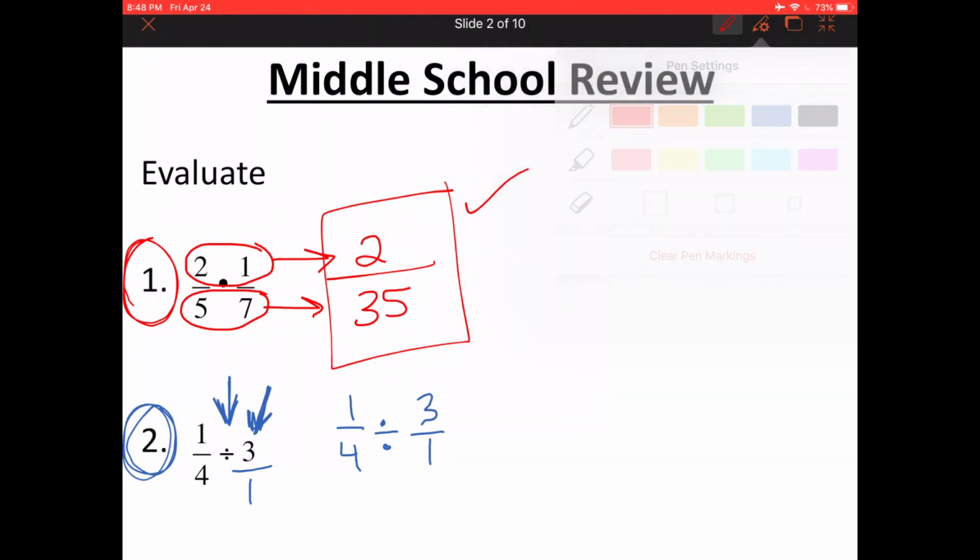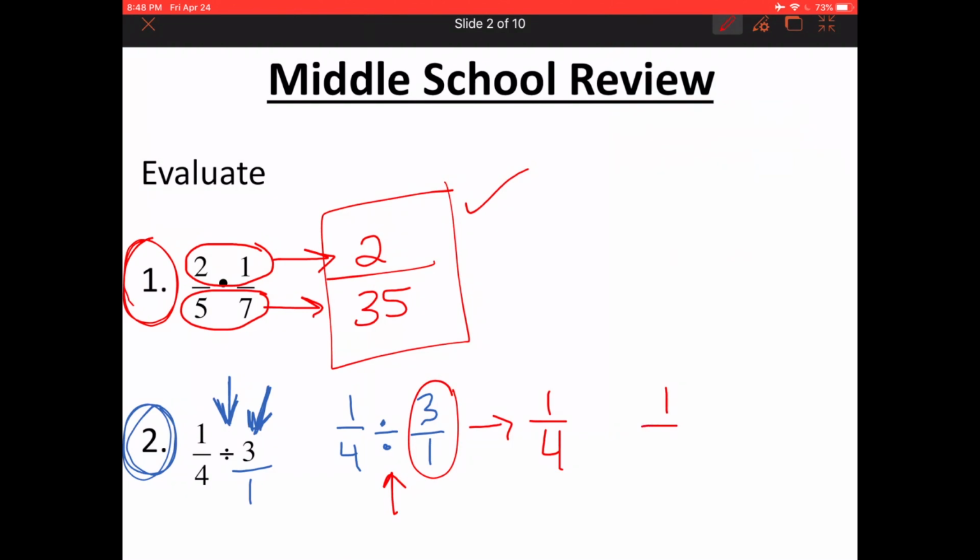Now again, think back to middle school and what you guys did there, and we cannot divide our fractions, so we end up keeping the 1/4, and then I flip my second fraction to 1/3. So instead of 3/1, I do 1/3. And then instead of division, I have multiplication.